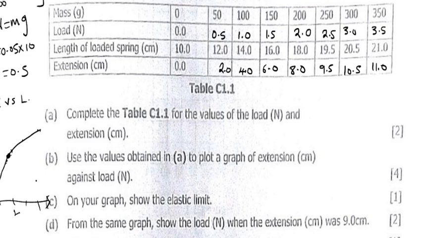Okay? From the graph, show the load in newtons when the extension was 9.0. So what you do is you go where 9.0 is. I'll give you an example: 1, 2, 3, 4, 5, 6, 7, 8, 9. You locate where 9.0 is, then you follow the graph like that.